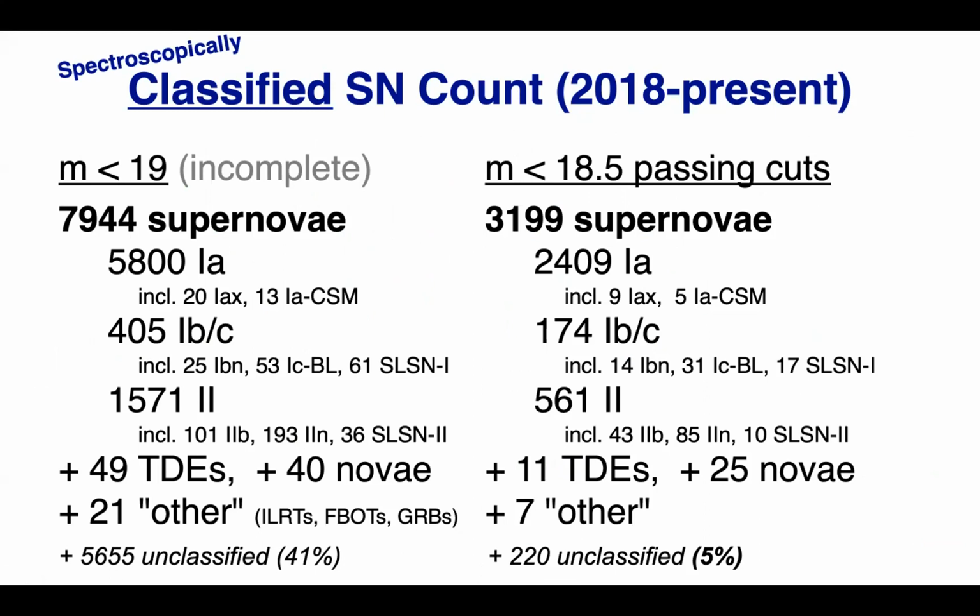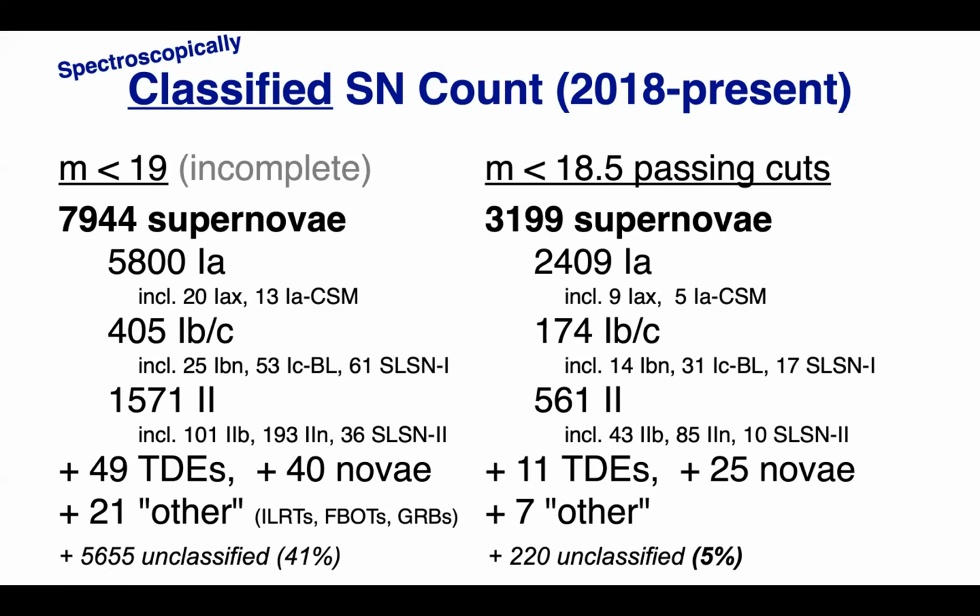So that's a huge database of targets, all of which have spectroscopic data, redshifts, classifications, etc., including significant numbers of pretty rare things like these 1AXs, 1C broadlines, superluminous supernovae, etc. Pretty much anything out there that you were interested in, there's now some sort of statistical sample that's been gathered with ZTF. For things that pass these high completeness cuts and are brighter than 18.5, obviously that cuts the numbers because you need it to be brighter.